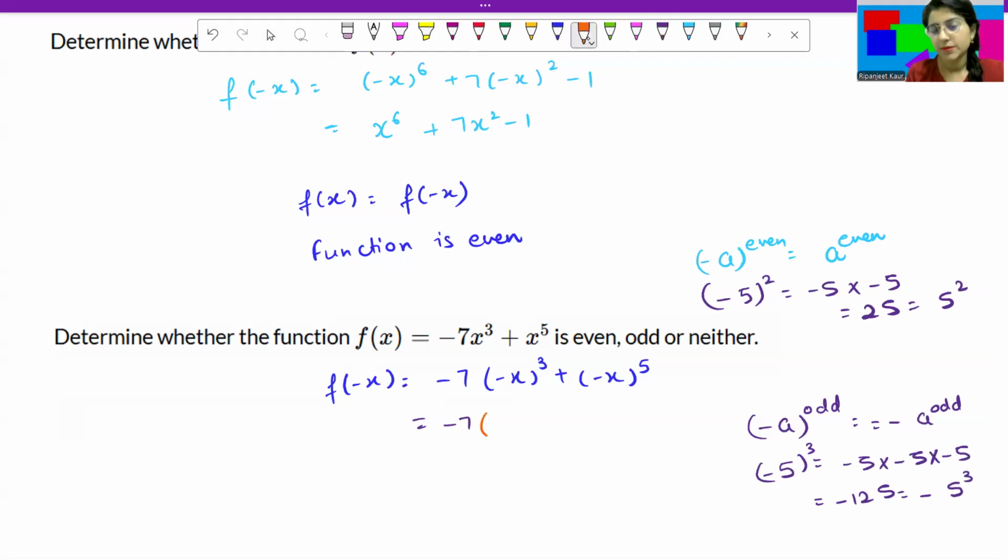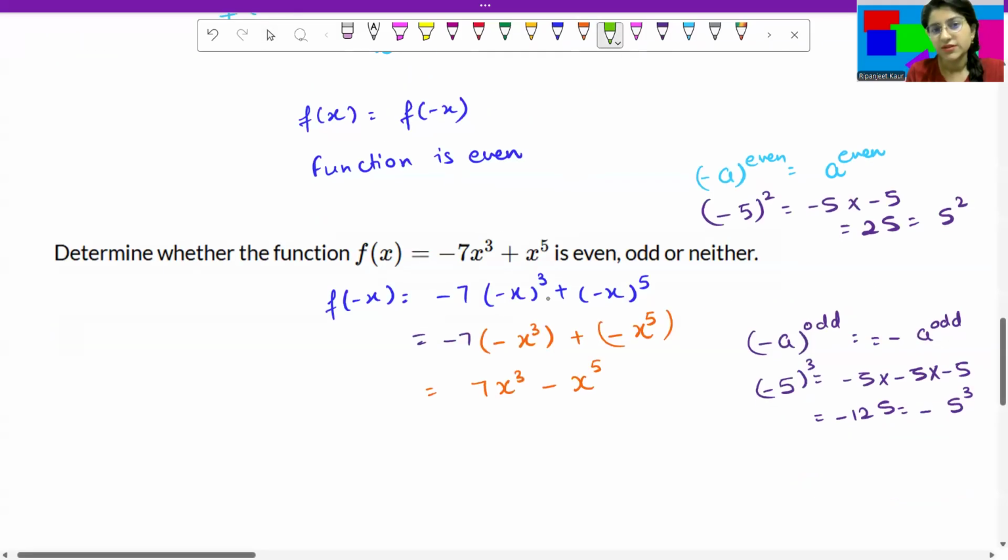Okay. So you get a negative and x raised to power 3, plus a negative and x raised to power 5. So minus and minus becomes a plus, 7x cubed, plus and minus becomes a minus x raised to power 5. Now we can see both the signs of f of x and f of minus x are opposite.